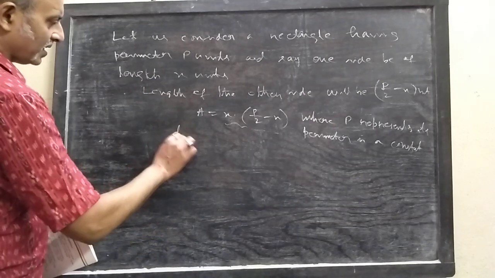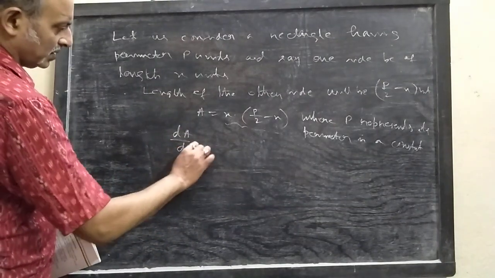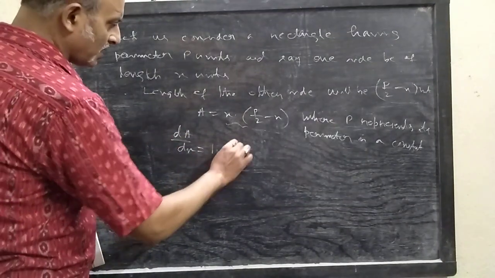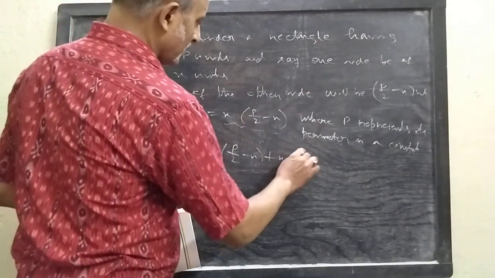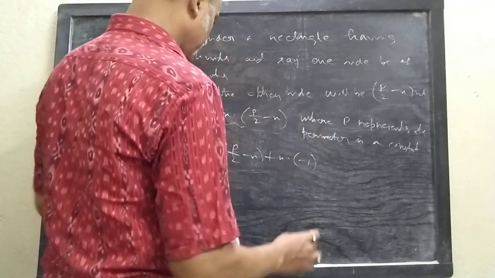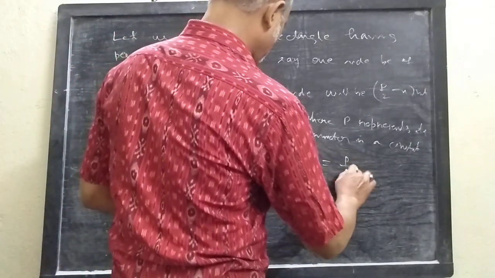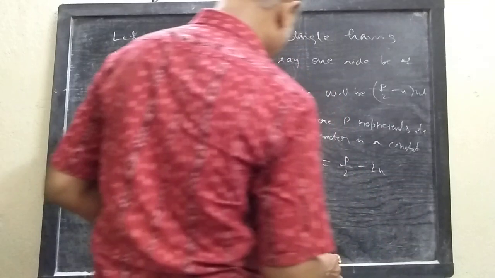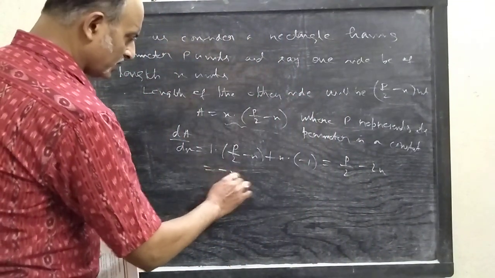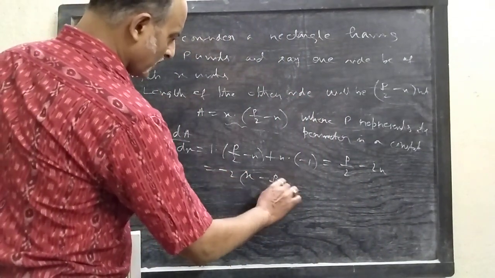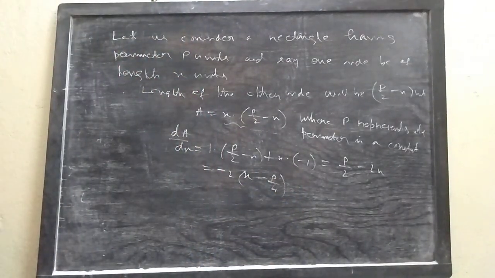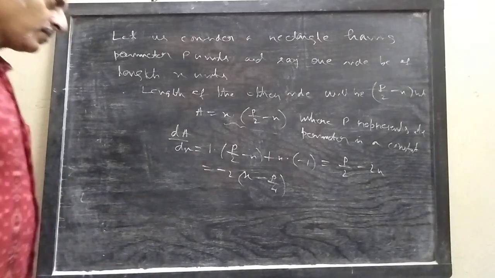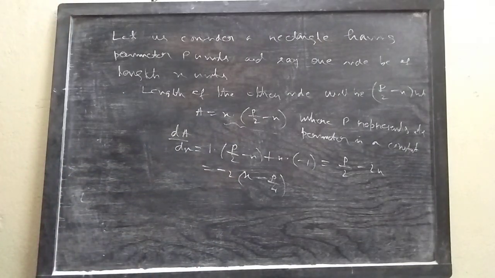Now we have to find its derivative. dA/dx will be 1 into P by 2 minus x plus x into minus 1. So this becomes P by 2 minus 2x. Taking minus 2 common, we get minus 2 into x minus P by 4. Now, as this is a polynomial function, at its extremum value its derivative should vanish.